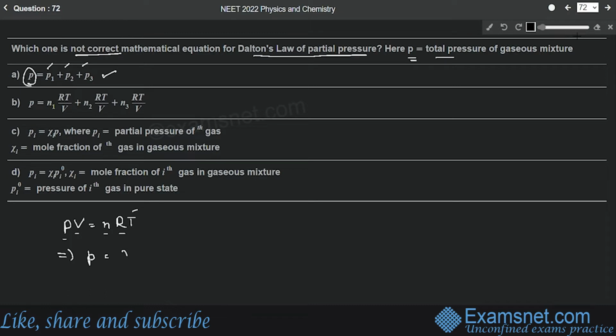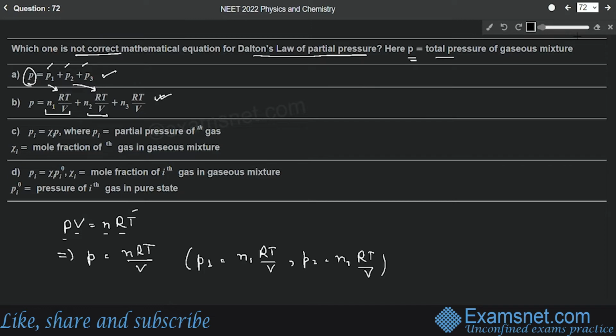Pressure will be equal to nRT by V. So if we are talking about the partial pressures, that means P1 will be equal to n1RT by V. Similarly, P2 will be equal to n2RT by V. Okay, so this way option B will also be a correct one. Okay, because n1RT by V will denote P1. Similarly, P2 will be denoted by n2RT by V, right? So this is also a correct equation.